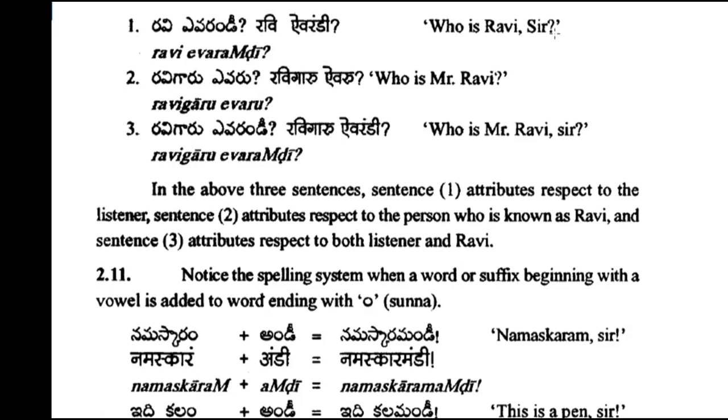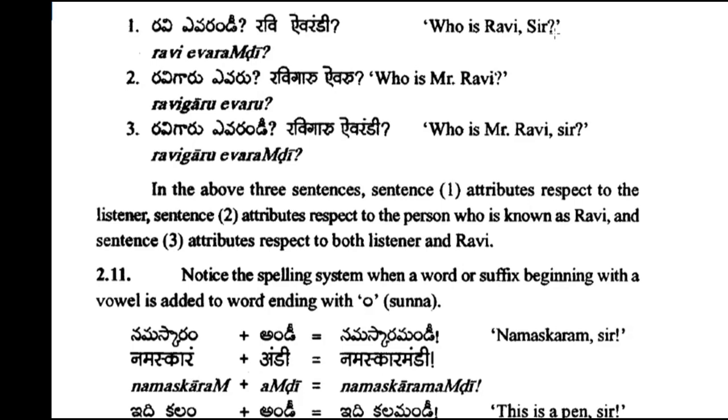See the second sentence, Ravi Garu Yavaru. This is who is Mr. Ravi. Then the next one, Ravi Garu Yavarandi, we can translate as who is Mr. Ravi, sir. So in English, we have the additional word sir. It is not word-to-word translation, but since we are giving respect in the English sentence, in Telugu also we add andi at the end. In the previous sentence, Ravi Garu Evaru, there is no respect to the listener.